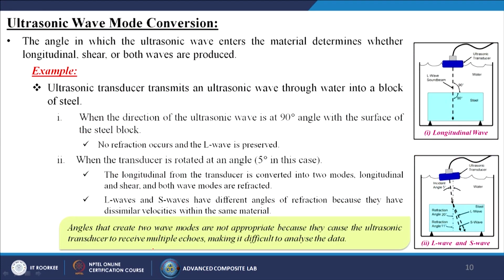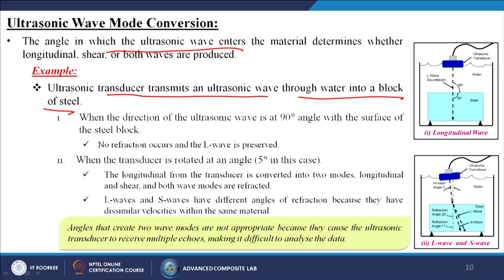Now, ultrasonic wave mode conversion. The angle at which the ultrasonic wave enters the material determines whether longitudinal, shear or both waves are produced. For example, an ultrasonic transducer transmits an ultrasonic wave through water into a block of steel.